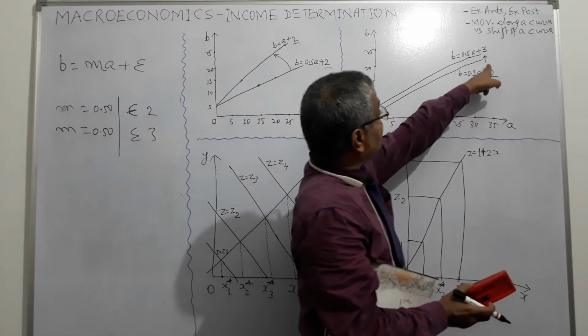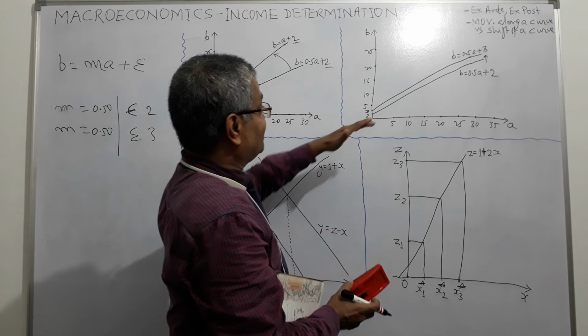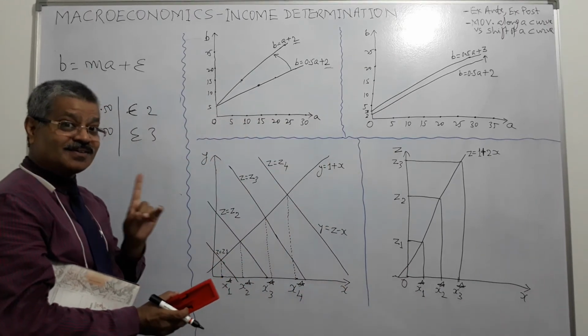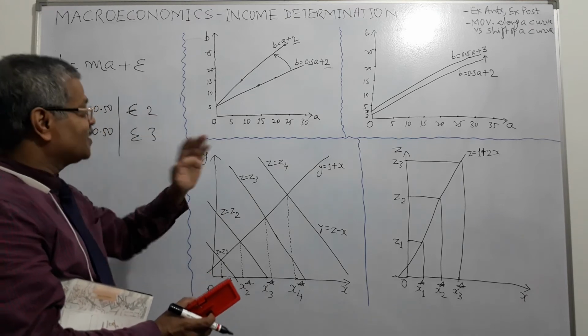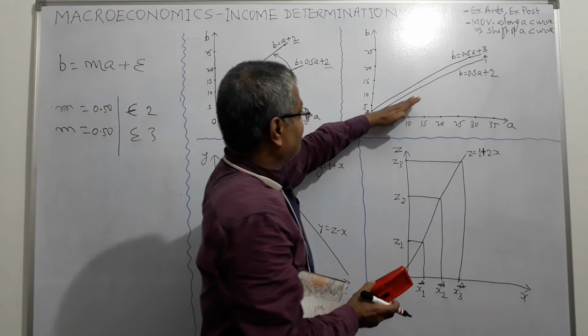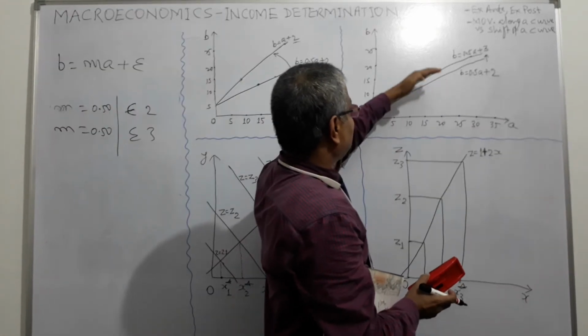So when the vertical intercept has increased, the straight line has shifted. It has not swung upwards. It has shifted. This total line has become here.